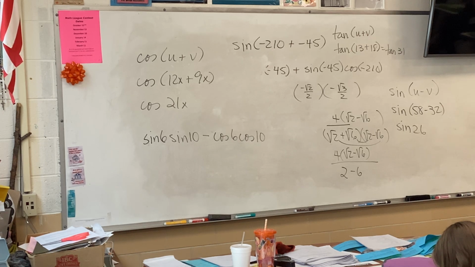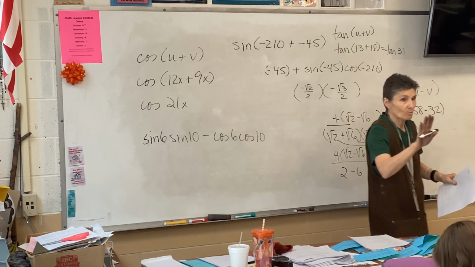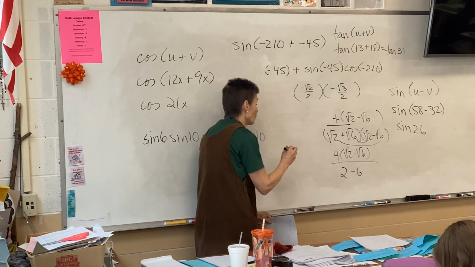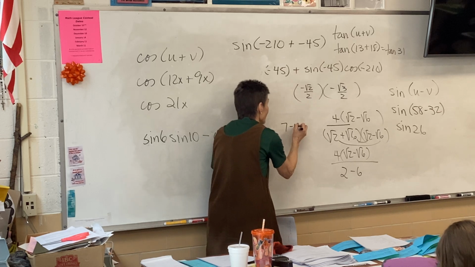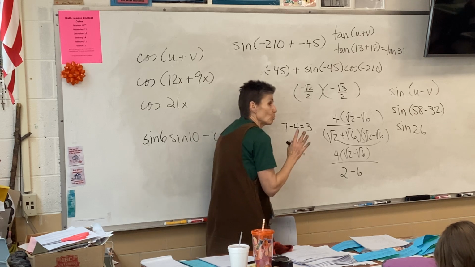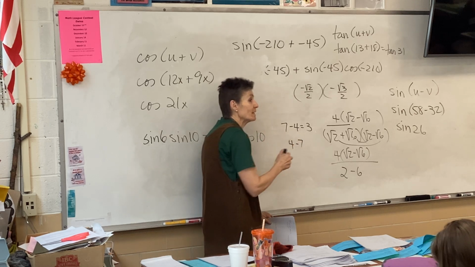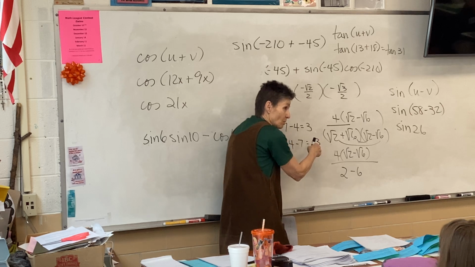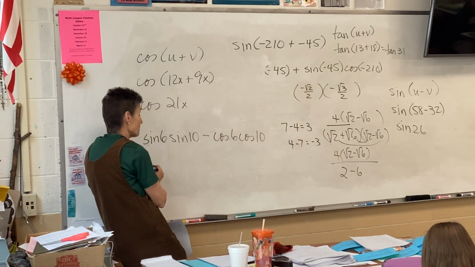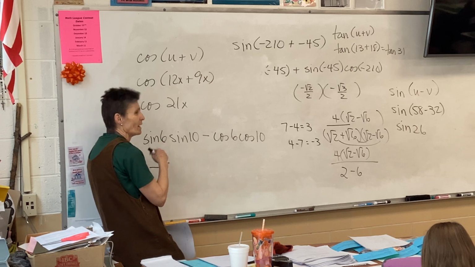It's in the wrong order. So again, I want you to think about what happens when we subtract in the wrong order. If we're doing 7 minus 4, we get 3. What happens if we subtract them in the wrong order? We get a negative. We get the same answer, but it is negative. So whatever this is, it's going to be the negative of what it should be.